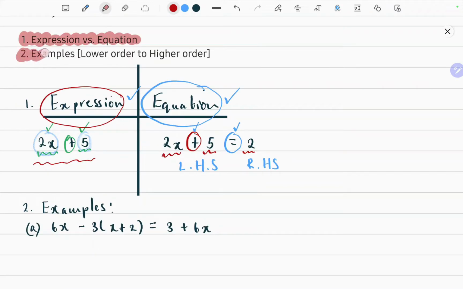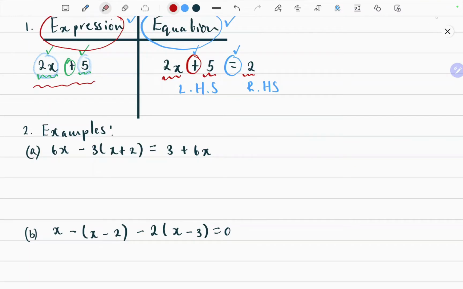Right, so let's look at the examples, starting from lower order to higher order. If you look at the first equation, because it is an example, if you look at the left-hand side, we can write this as 6x. Then what we do with the 3 is we bring it inside the brackets.